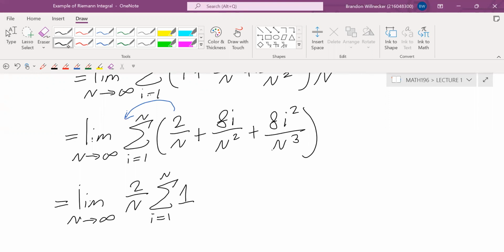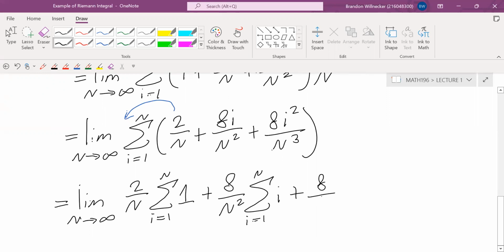We can do the same for the other terms. So we're going to have plus 8 over n squared, the sum from r equals 1 to n of r. Plus, same thing for the third term, 8 over n cubed, the sum from r equals 1 to n of r squared. Now these we can calculate.